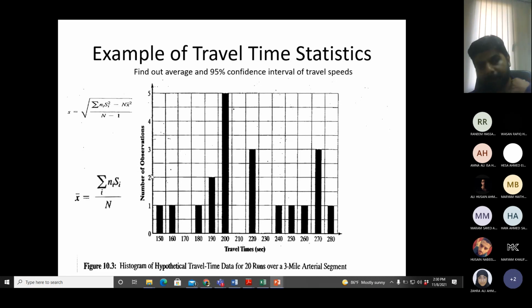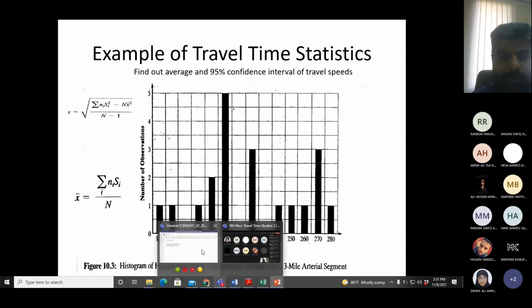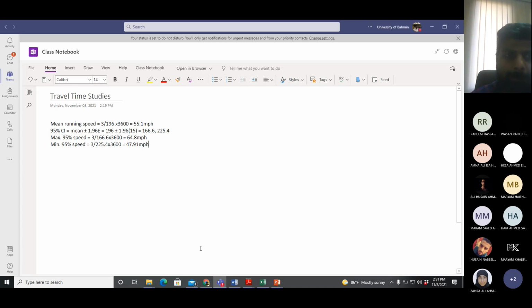This is the number of times you observed each value. Now they are saying calculate the average and 95% confidence interval of travel speeds, because these values are travel times, not running times. If you calculate the speed using them, that will be travel speeds. That's why I made the classification in the previous example as well, so that you don't get confused.